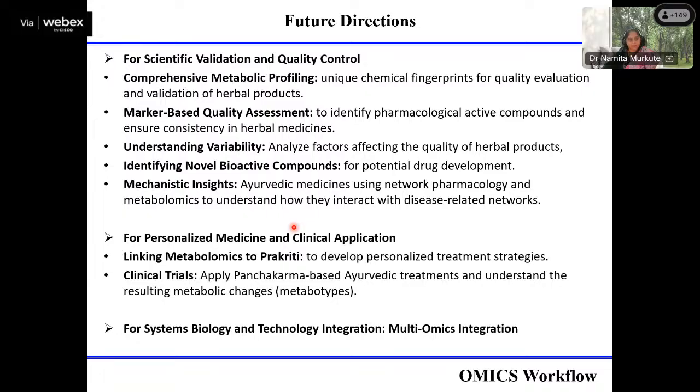Understanding the variability means analyzing the factors affecting the quality of herbal products. Identifying novel bioactive compounds for potential drug development, and mechanistic insights are needed for Ayurvedic medicines, using network pharmacology and metabolomics to understand how they interact with disease-related networks, meaning pathways.